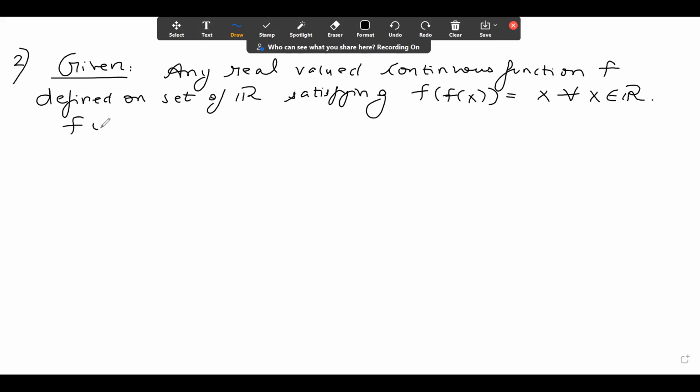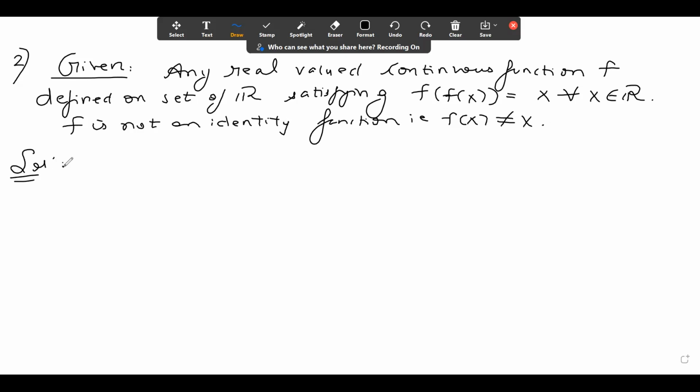And we are given that f is not an identity function. That is, we are given that f of x is not equal to x. Now we need to find out what kind of a function f of x is.